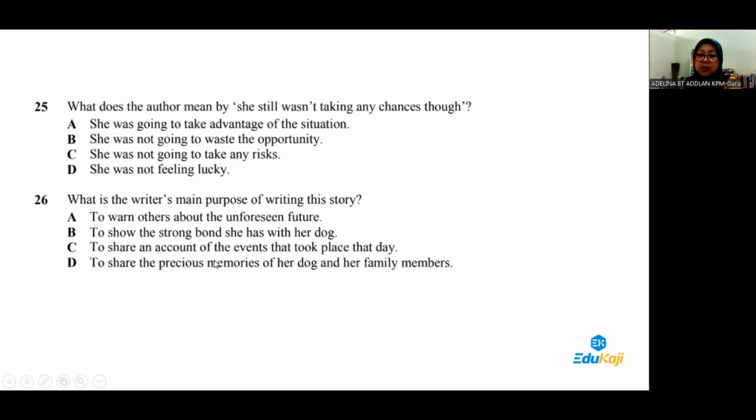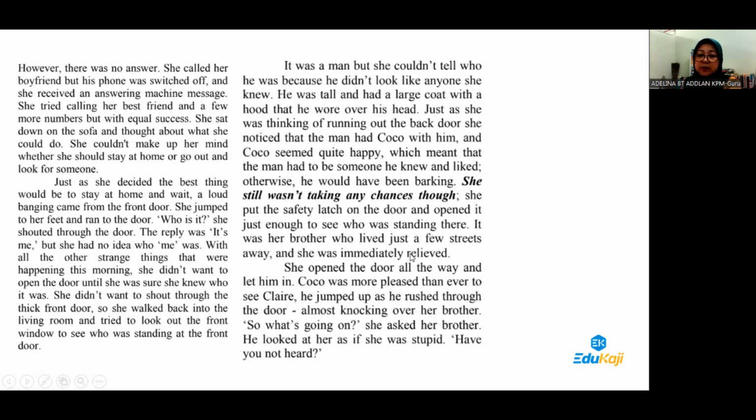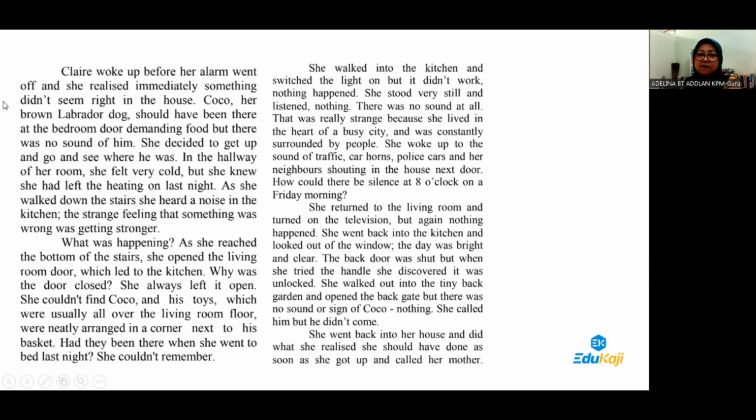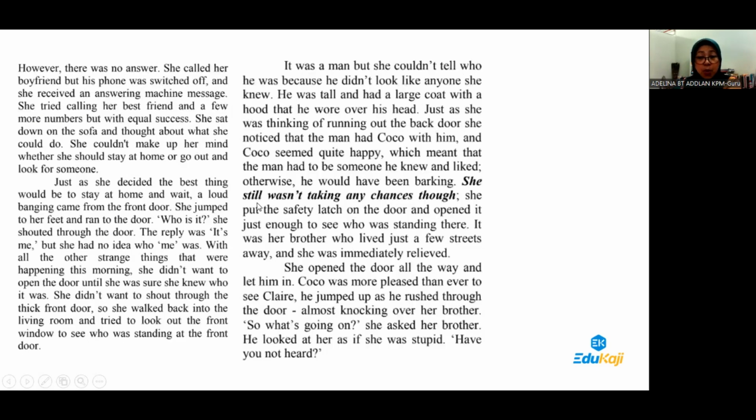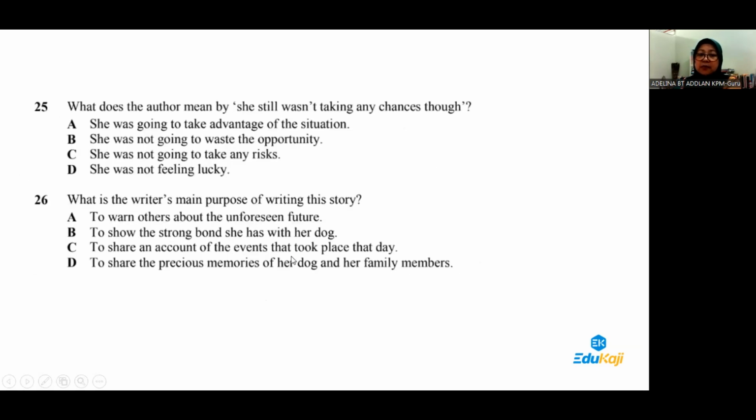Sometimes the answer could be in the last paragraph. Sometimes it can be in the first paragraph. Or sometimes it can be our whole understanding of the paragraph. The whole understanding. So you have to read. And this is what I call a narrative text.